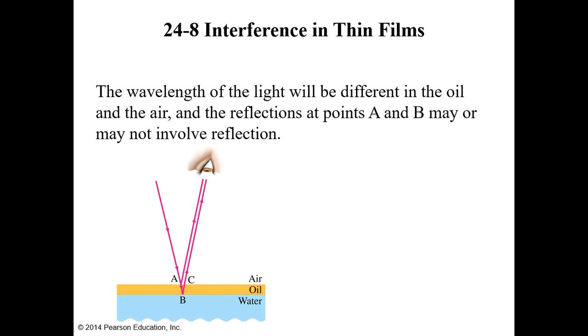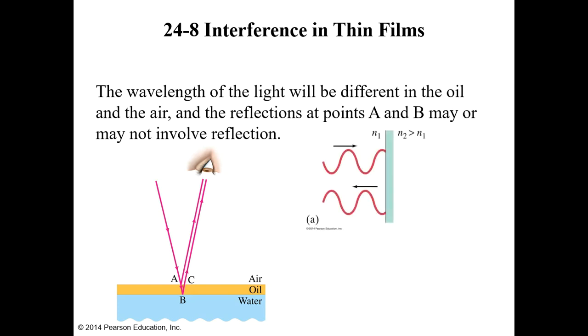It causes a reflection from that second surface, and the light comes up, and you see both of those light rays at the same time. Since you see both light rays at the same time, you're going to see some sort of interference pattern, whether constructive or destructive.